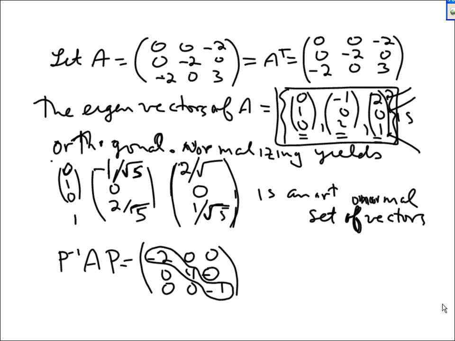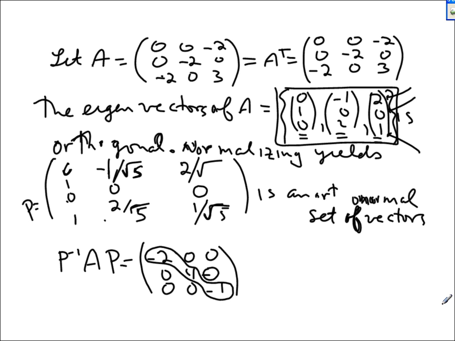P is this matrix of orthonormal vectors. Of course, maybe I shouldn't have the brackets or commas. That matrix right there is the P. And it's just really nice how everything comes together.